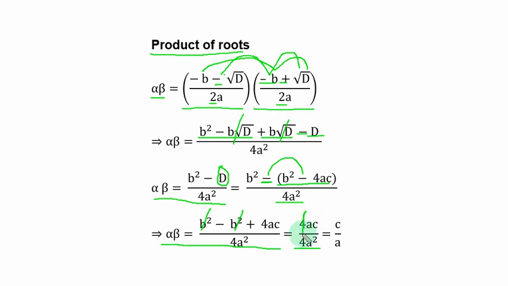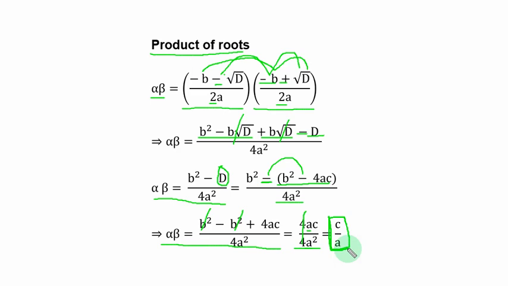So 4 cancels 4. If you divide a and a squared, you have a in the denominator and c is left in the numerator. So the product of roots is simply c over a.